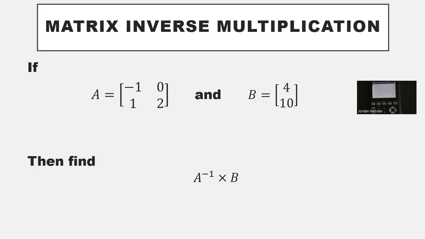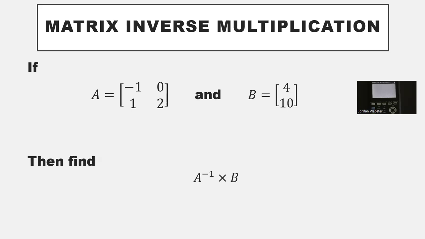Now we can do lots of things with matrix inverses, but one thing in particular that we do in solving a matrix equation is we take the inverse of A times a 2 by 1 matrix. So I'm going to use the same A I had before, and I'll use a 2 by 1 matrix that is B, which has entries of 4 and 10.